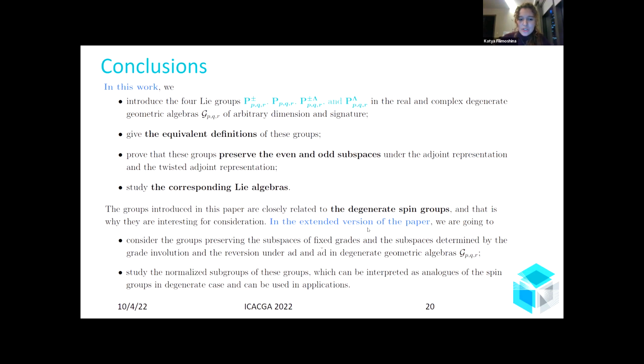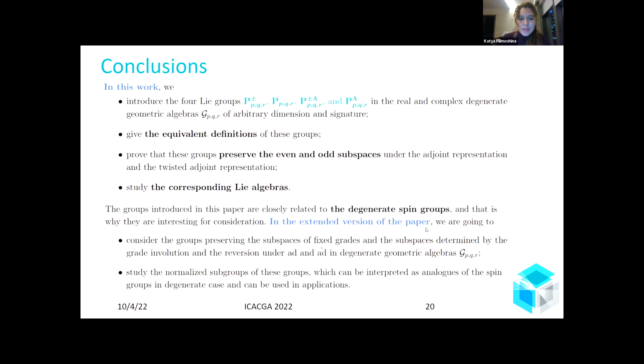In the extended version of the paper, we are going to consider other groups, preserving other fundamental subspaces in degenerate geometric algebras under the adjoint and twisted adjoint representations. Namely, we are going to consider the subspaces determined by the grade involution and reversion and the subspaces of fixed grades.